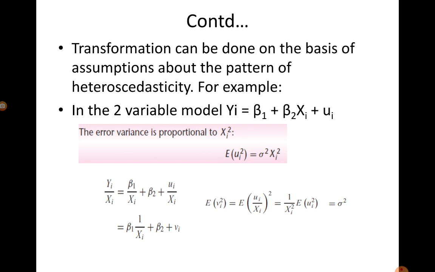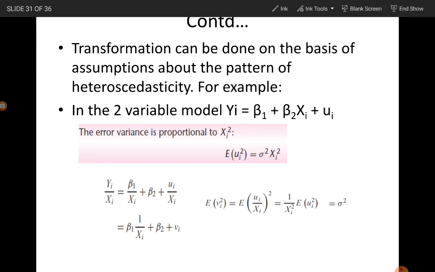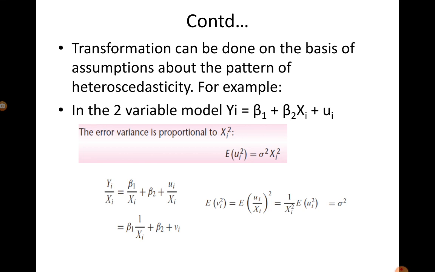In that case, you can transform the original regression model by dividing each term by xi. So you get yi by xi is equal to beta 1 by xi plus beta 2 plus ui by xi. Now this transformed error term we are calling vi. And on the right hand side, we show that the variance of this transformed error term is equal to sigma square.